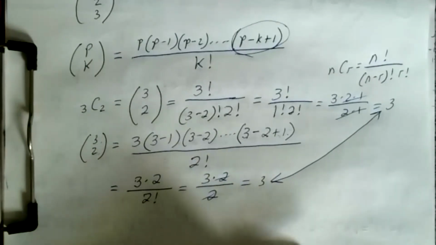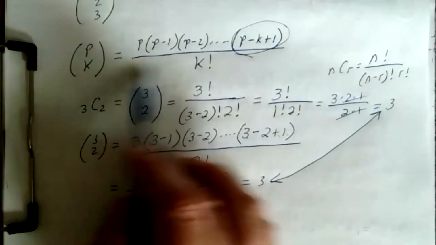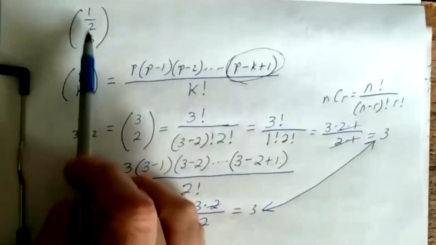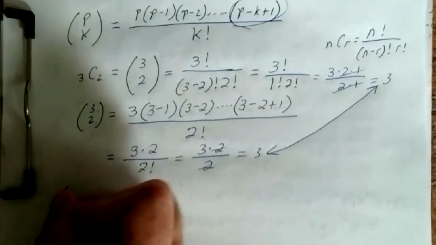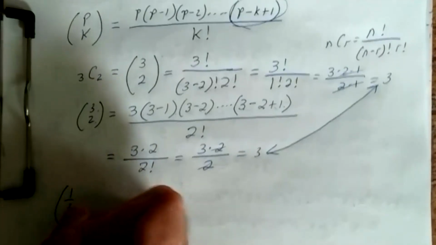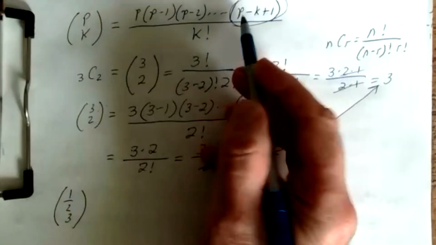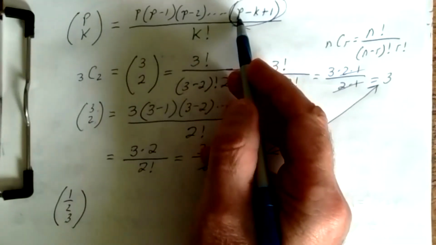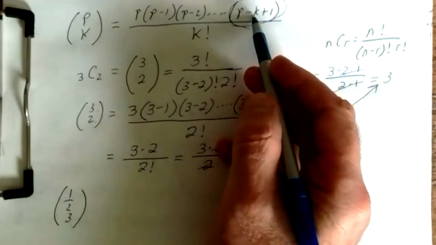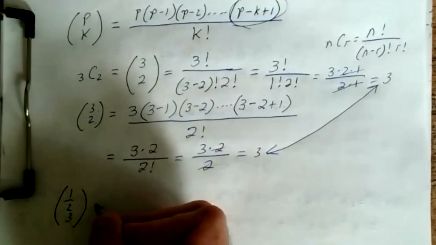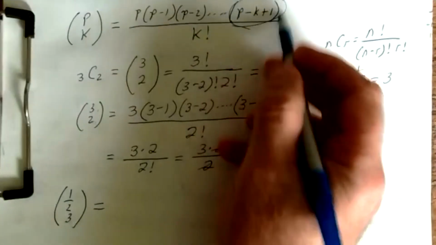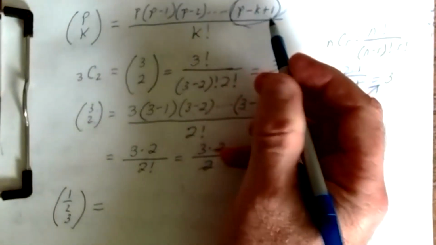So now here's what we're going to do. We're going to apply this formula to our combination, which is 1/2 in combination with 3, where our 1/2 is P and our K is 3. Let's look at the last number in the numerator expansion.